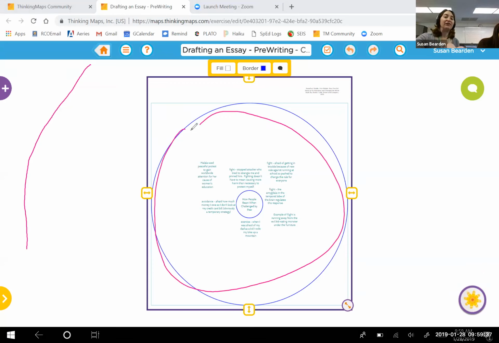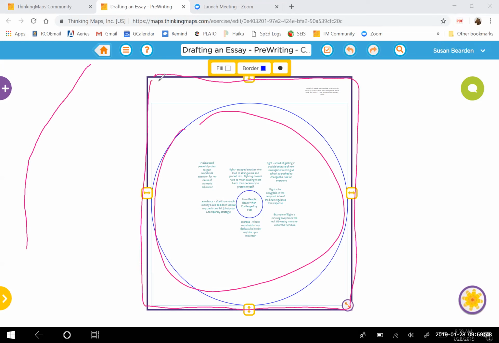After that, we draw a frame. This frame is called the frame of reference. You can see this big frame going all the way around my map here. This is our frame of reference. And in our frame of reference, we're going to give ourselves some notes about where this information came from.